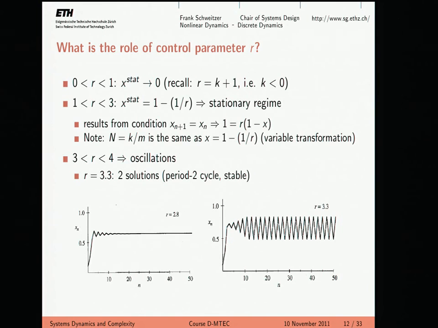Yes, I'll go to that side. So what does it mean for a stationary state? What does a stationary state mean?